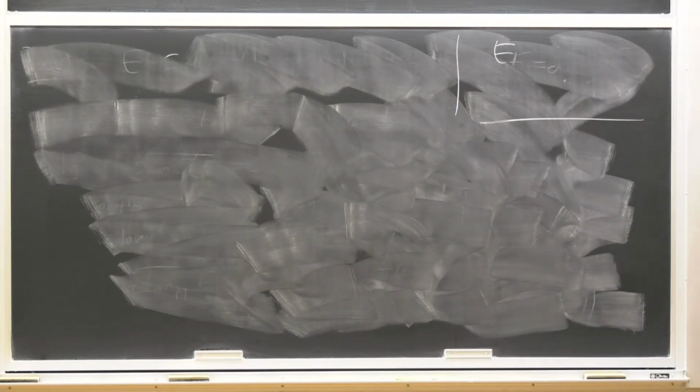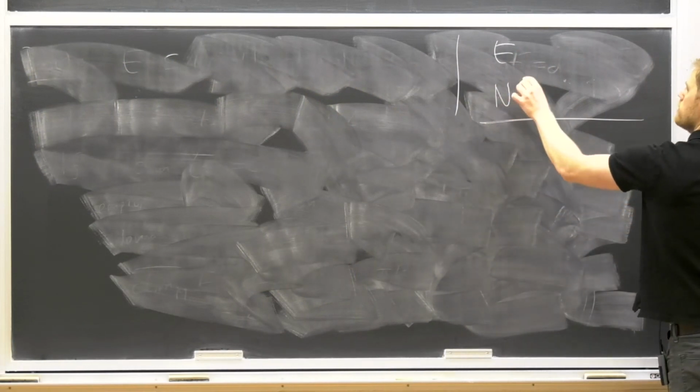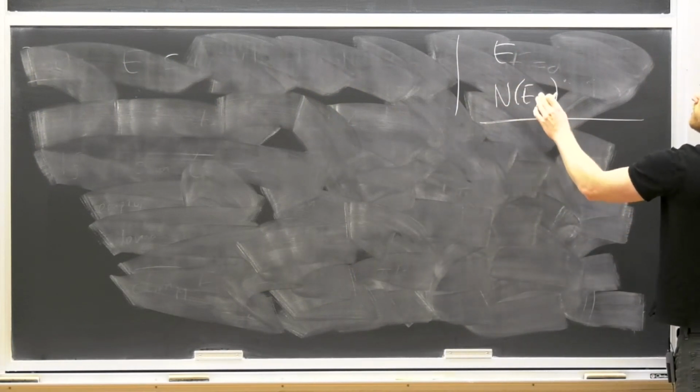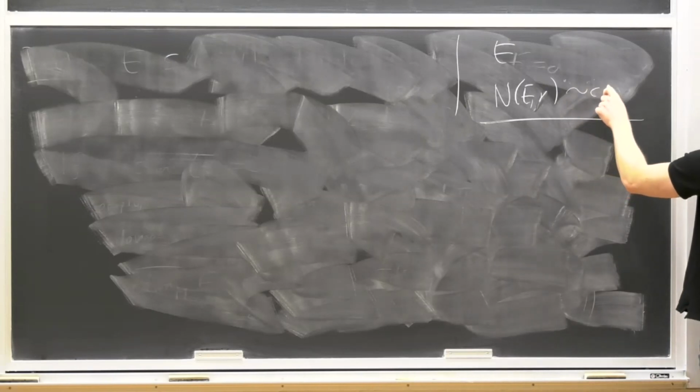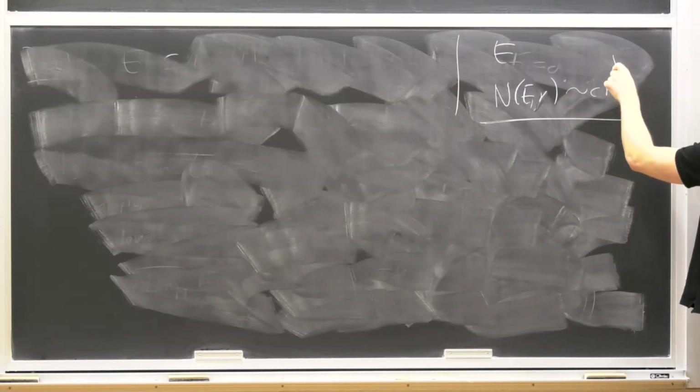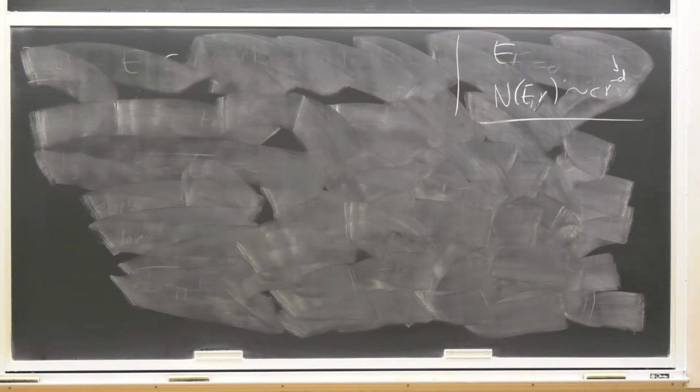So recall that when we talk about Minkowski dimension, then really what we were doing was counting the number of boxes. So for a given radius R, N of E would be the minimum number of boxes of radius R that you needed to cover E. And if this was somehow C times R to the minus D, then this was the Minkowski dimension.